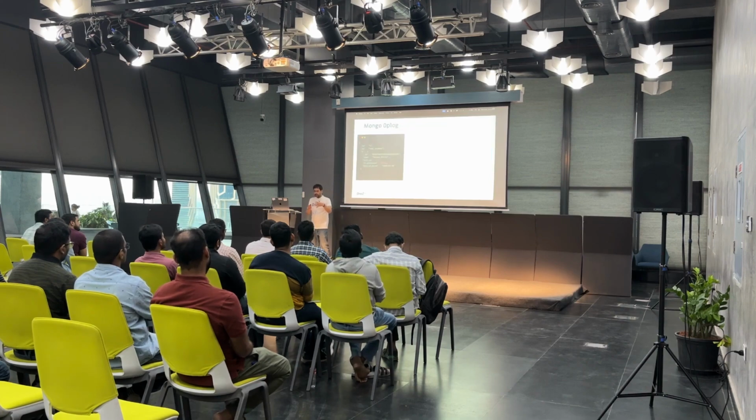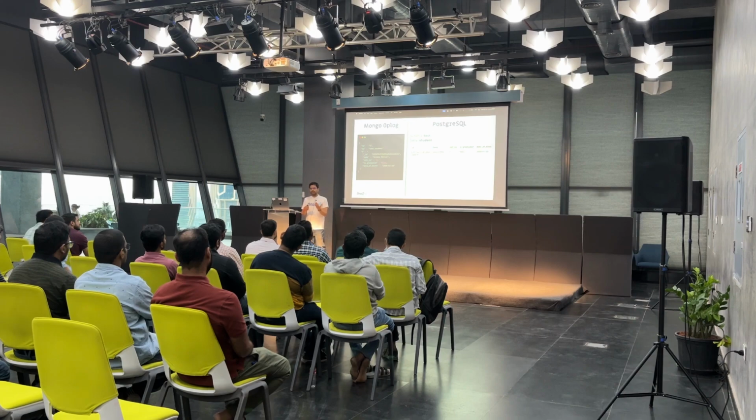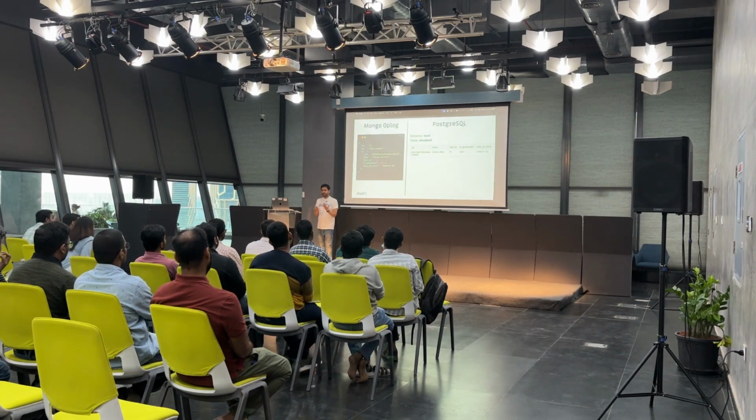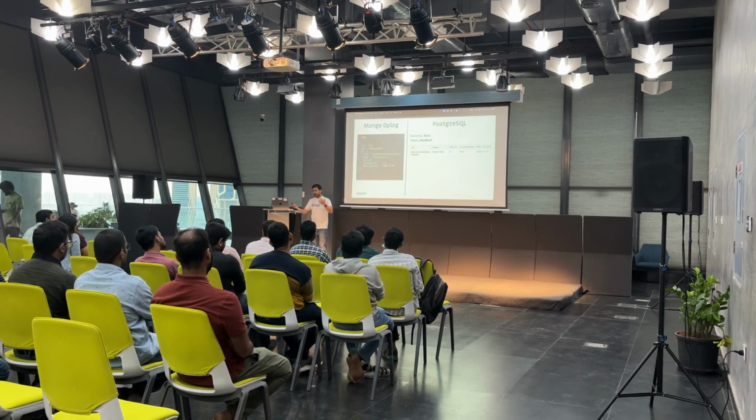So let's see how we go about that. We have the oplog, but just inserting data in a relational database doesn't solve the problem. We have to create the schema first, because unlike Mongo, relational databases require a table structure to be created. So with this oplog, we are going to create a schema for test, create a table student, and migrate this data this way.